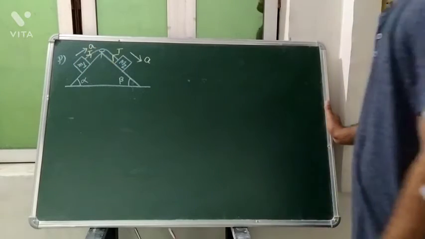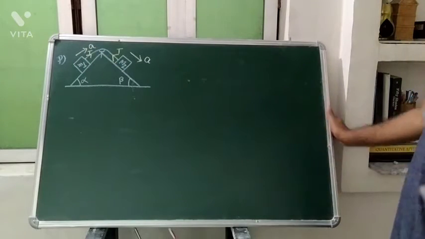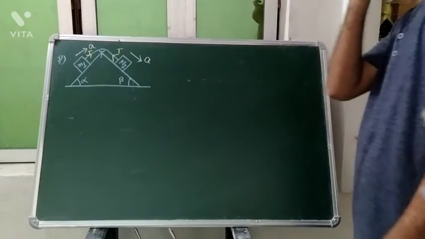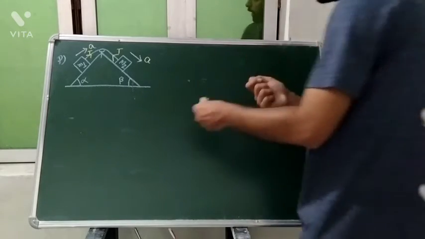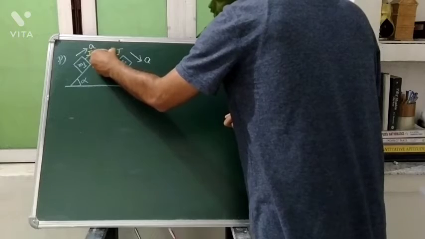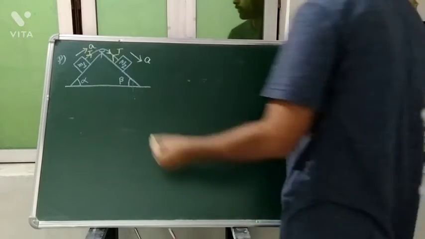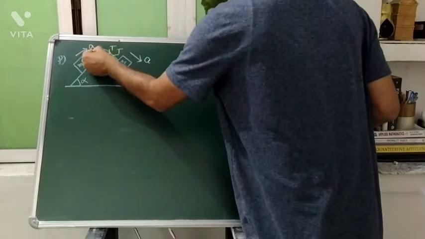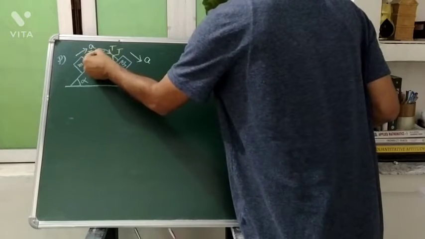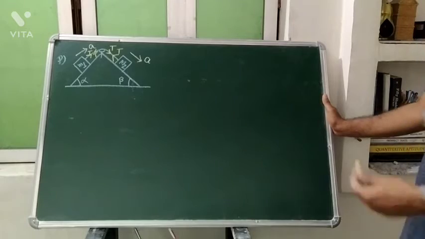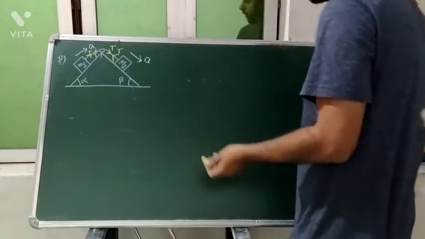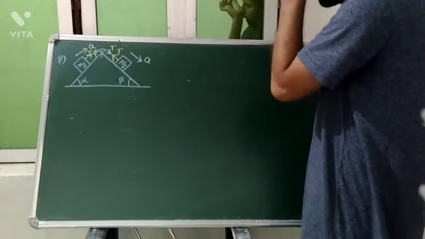Okay, and of course, student, if our object of interest becomes the pulley, then for the pulley, the tension will be in this direction, isn't it? And for that, the tension will be in this direction. Getting? It will be the same tension, but the direction will change when the object of interest changes.